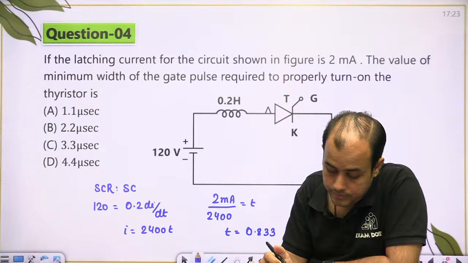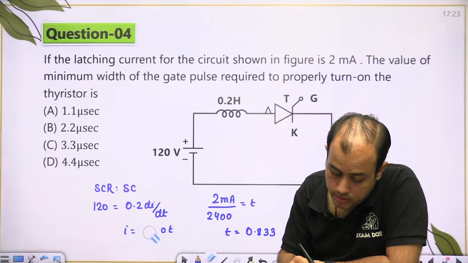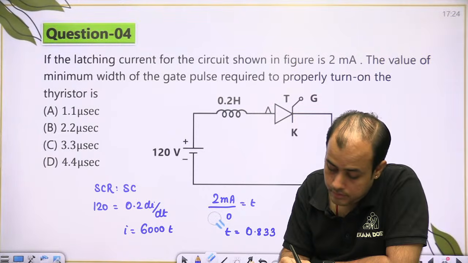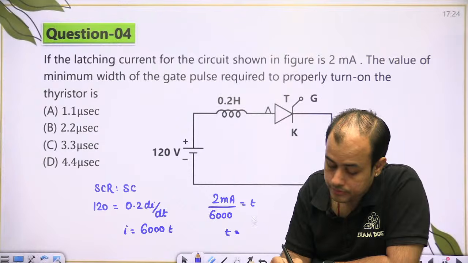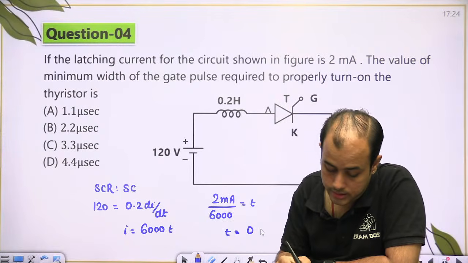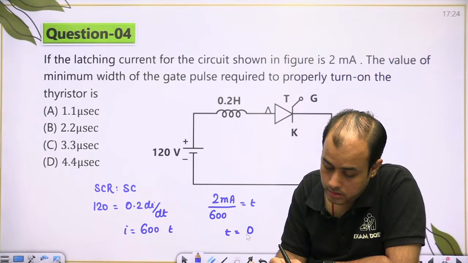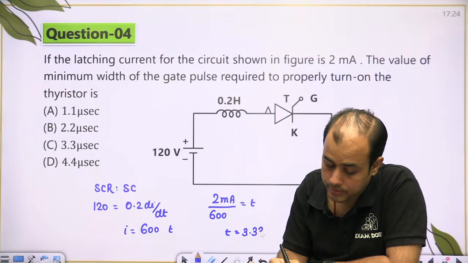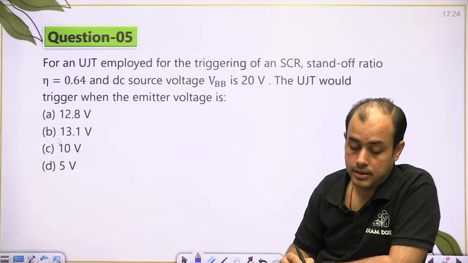0.833. So it will be 3.33 microsecond. Correct?